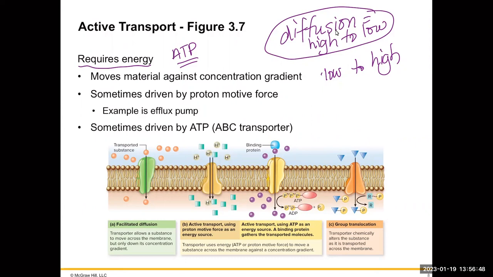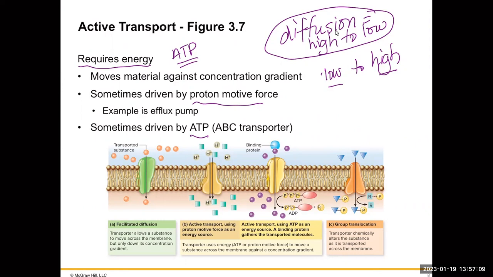Okay, now active transport means we're taking it in the opposite direction. Okay, so we're going to go from low to high. So sometimes we're using ATP, but other times we're using the power of a whole bunch of protons. So it's almost like going over a waterfall. The water's going to carry it through.